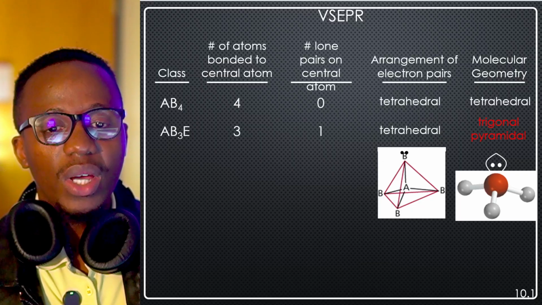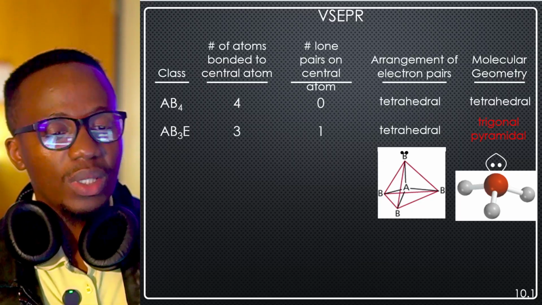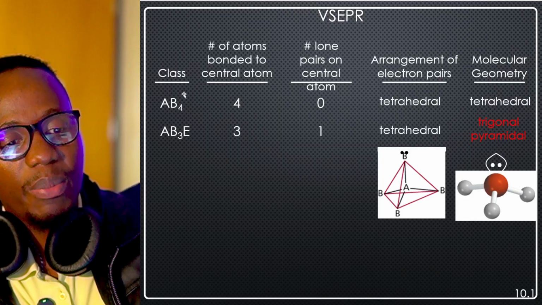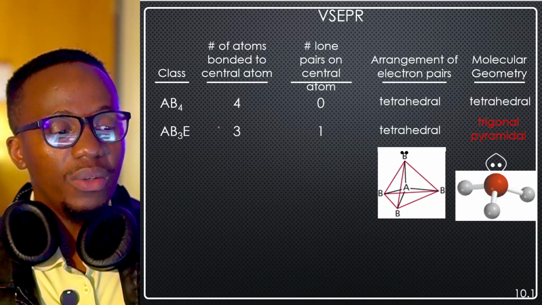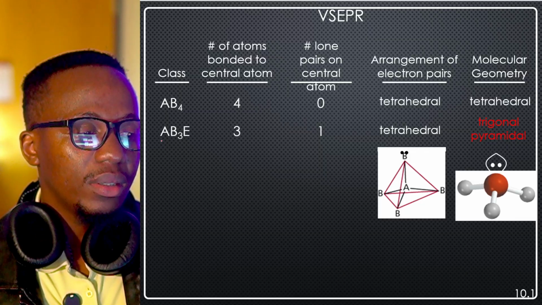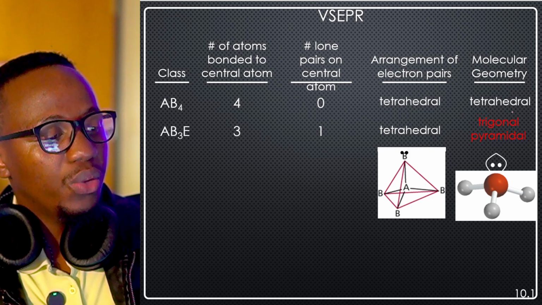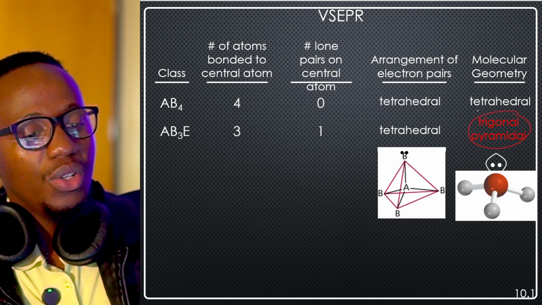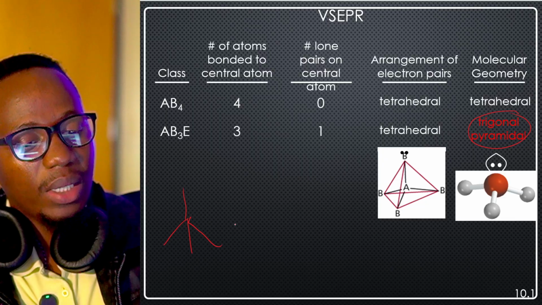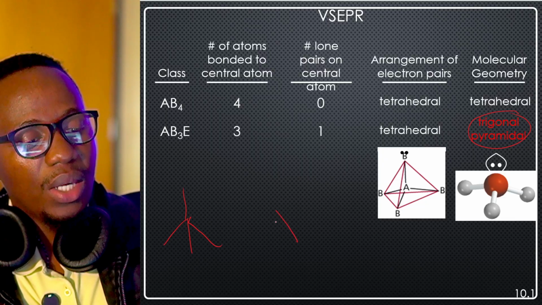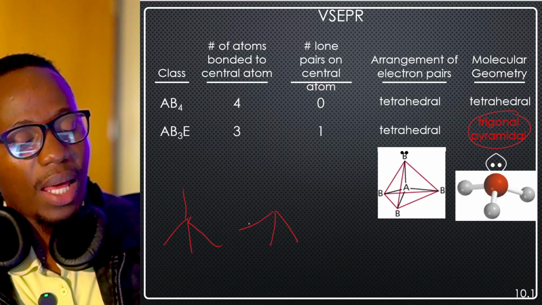But what if we have, instead of a tetrahedral, which is usually one thing bound to four things, what if one of them is a pair? Then you have trigonal pyramidal. Remember, a tetrahedral is one thing bound to four things like this. But if one of those is a pair, then the molecular geometry is going to be like that.